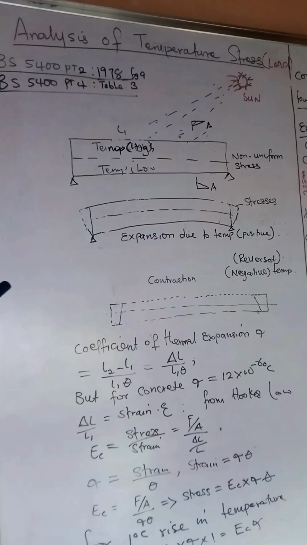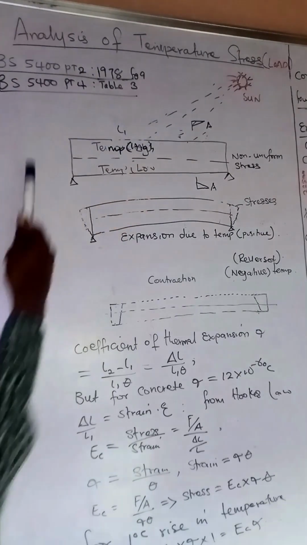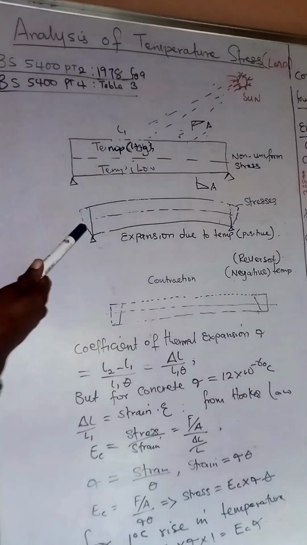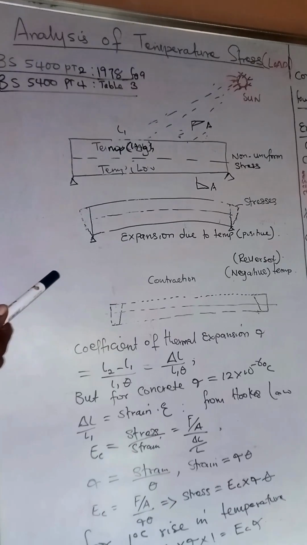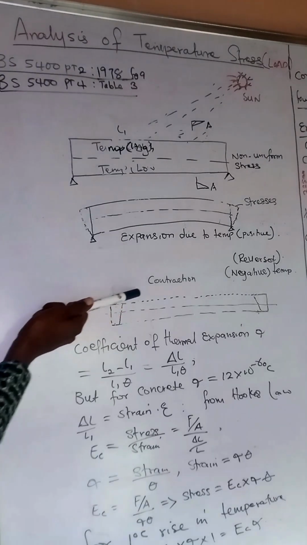Now we can also have a situation whereby on a very cold day, when the temperature of the atmosphere is very low, we'll have temperature as low as minus degrees Celsius. You are going to have a reversal of temperature, unlike where we have high temperature at the surface. In that case, where temperature becomes very low, as much as a minus value, you are going to have contraction of the structure.